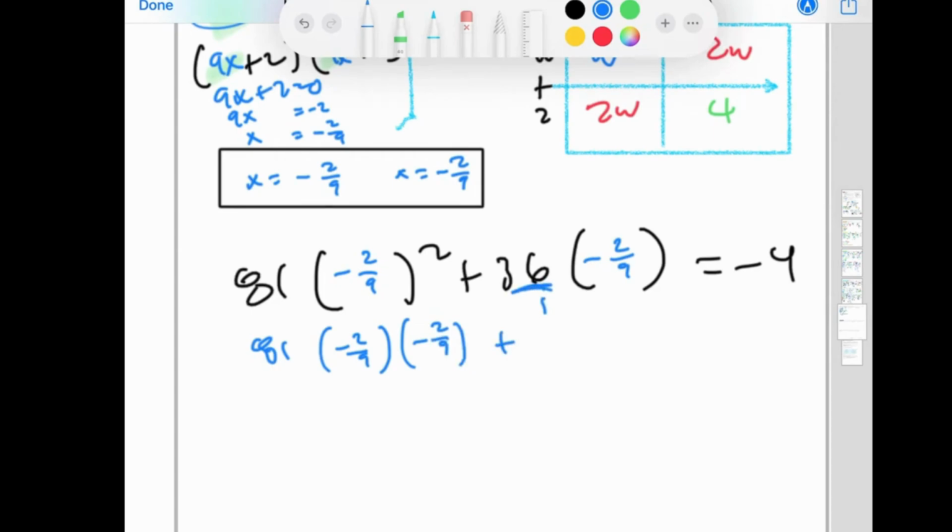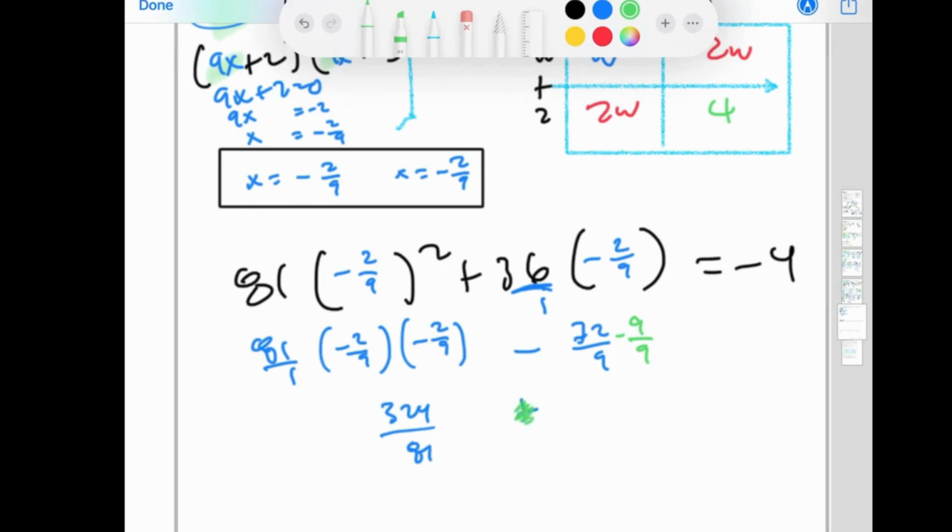Last one right here would just be to cross multiply, really. But I'll show you what happens. 81 times negative 2 times negative 2. So 81 times 4, 324 over 81. This one's going to be negative 72 over 9, which I need to now multiply by 9 over 9. 648.